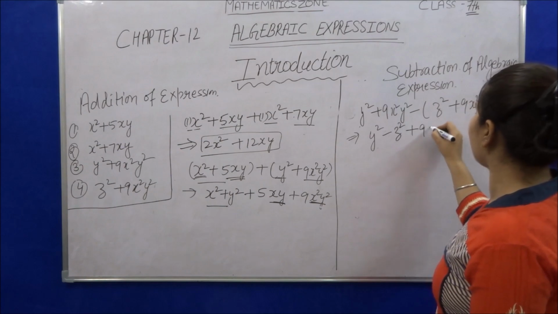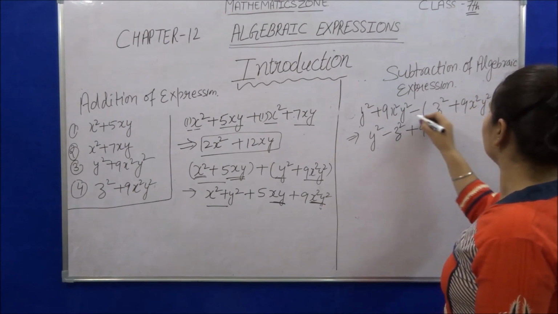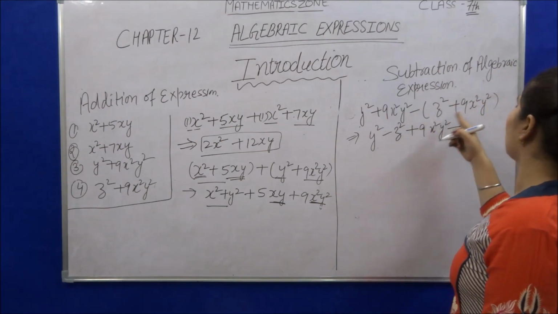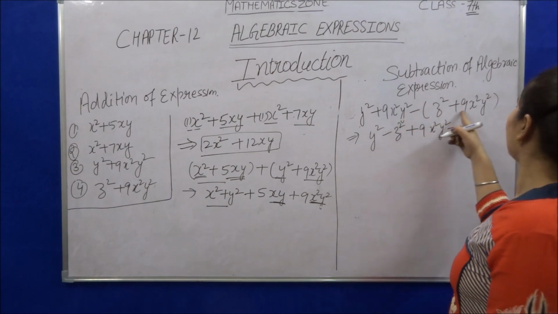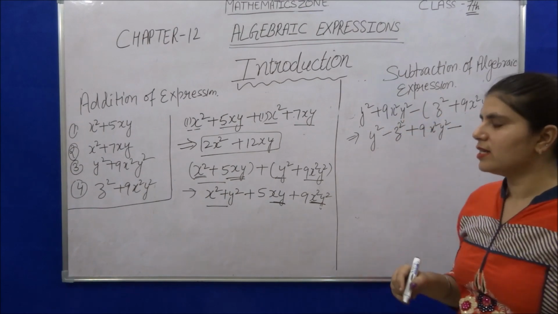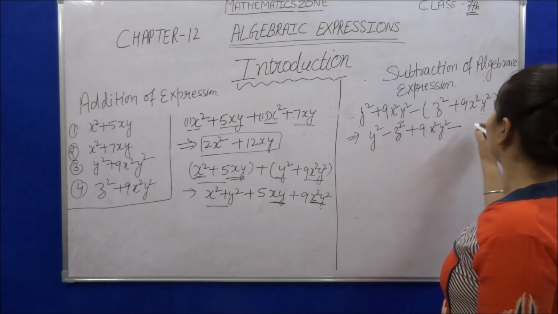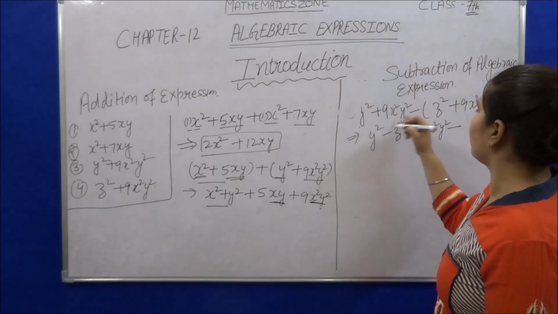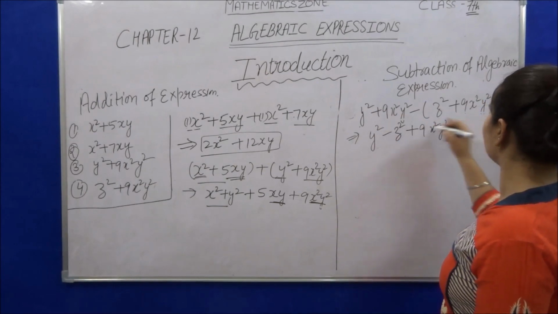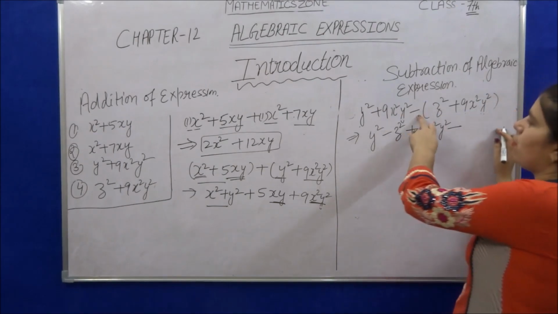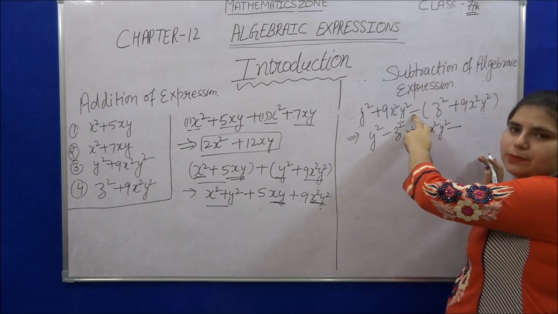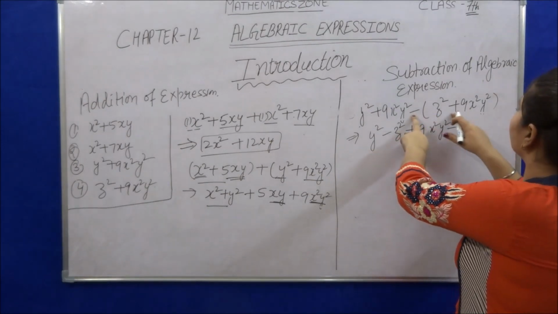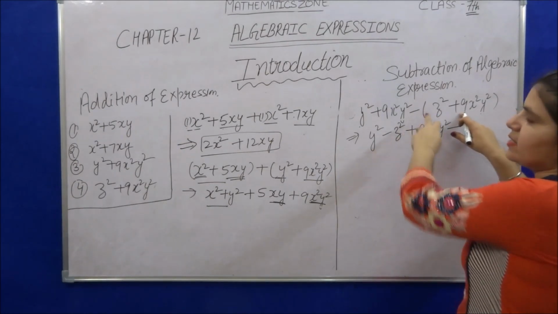And 9x square y square and 9x square y square are the same, so these are like terms, so we will operate on them. As a negative sign is present before the bracket, all the signs inside the bracket will be changed.